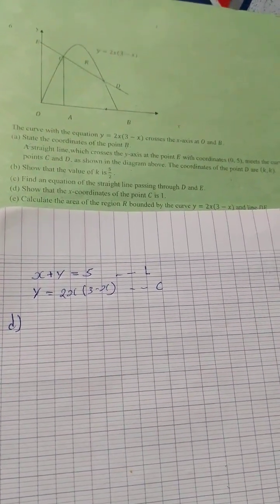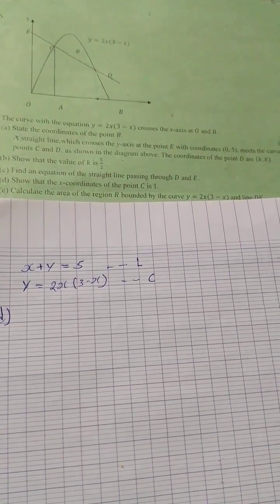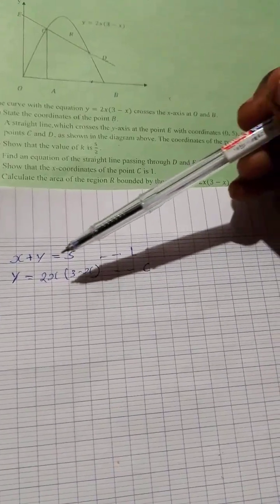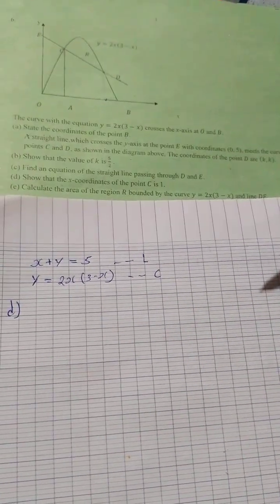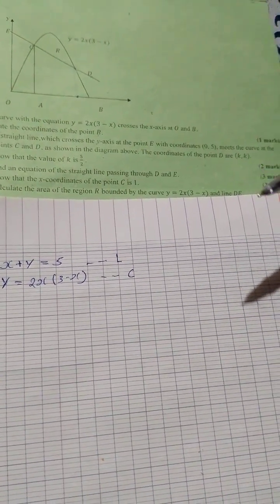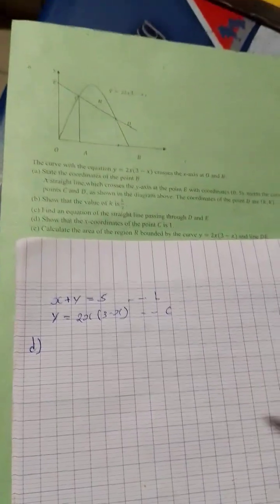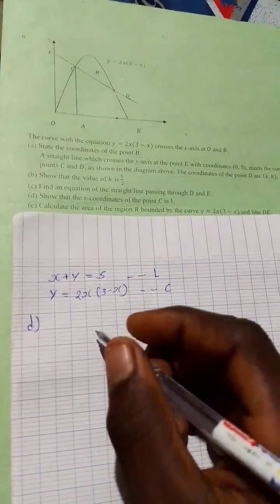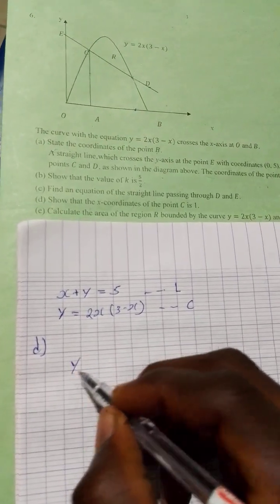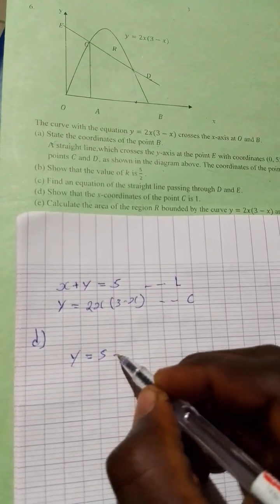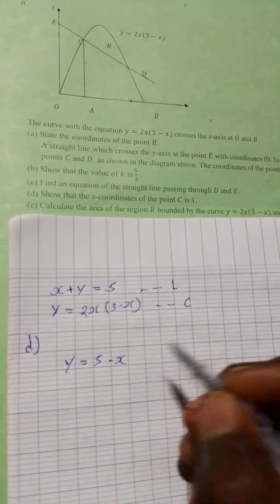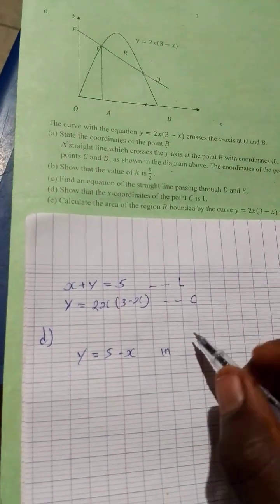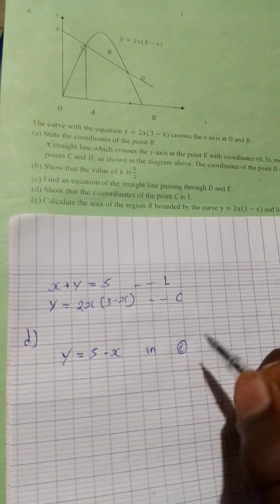So we can make y the subject in either of the equations, but I think it will be simpler to make y the subject in equation 1, so that we can substitute in equation 2. From this equation of the line, y equals 5 minus x. So we are going to substitute it in the equation of the curve.